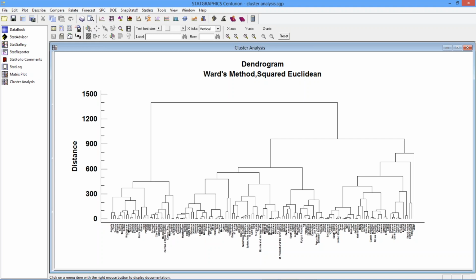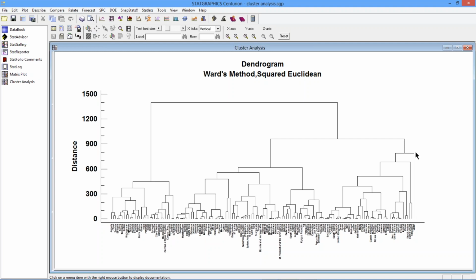What happens actually at the last step of the cluster analysis, if you use Ward's method, is that this group of countries here is then joined to the rest of the world. The step before that, actually, this large group of countries right here, I think you can probably see them here, was joined together with this group of countries.